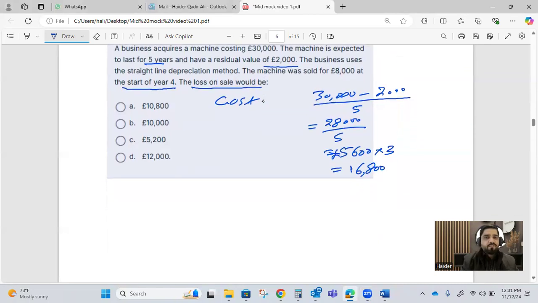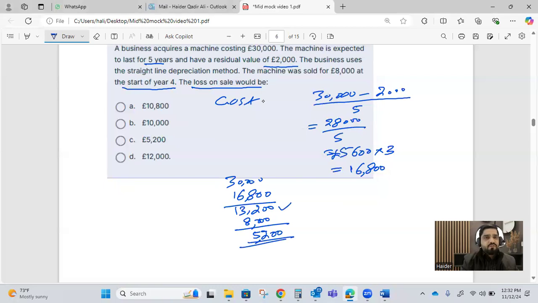Okay. Now it's very easy for you to calculate the book value. The book value is the cost of an asset minus accumulated depreciation. That gives you the book value, and it was 13,200. The asset carries the value in the books at 13,200, but it was sold at 8,000. So it means the book value is more than the fair market value. That's the loss on disposal, 5,200.